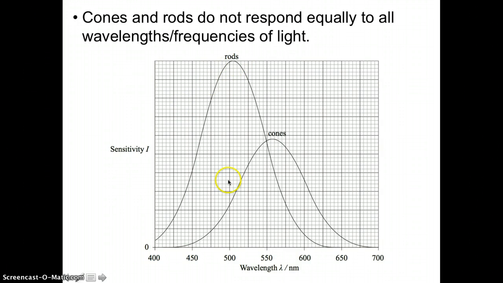So rods are more responsive to around 500 nanometers, those wavelengths. That's where they peak. And cones are more responsive in this area. Now, as it turns out, rods have only one type, but cones have three types. So this is like the combination. This is the combo of all three cones.